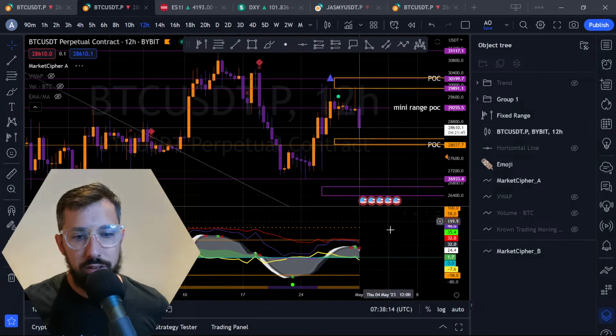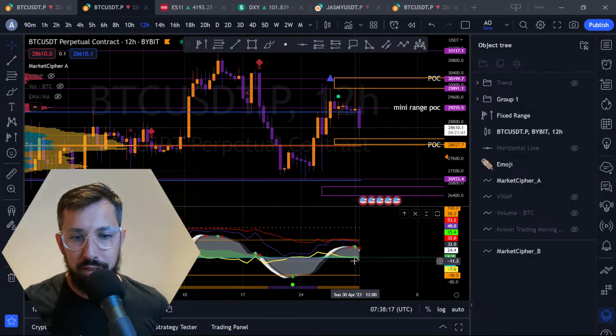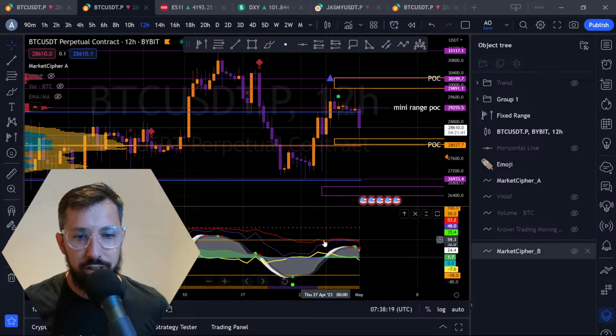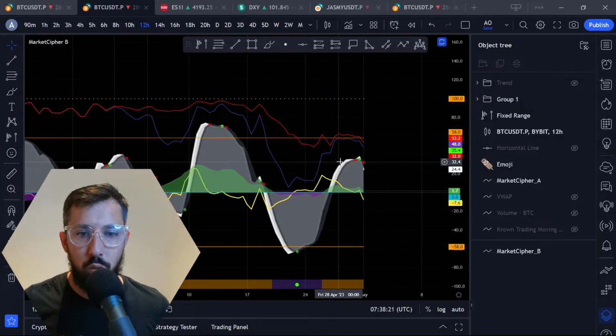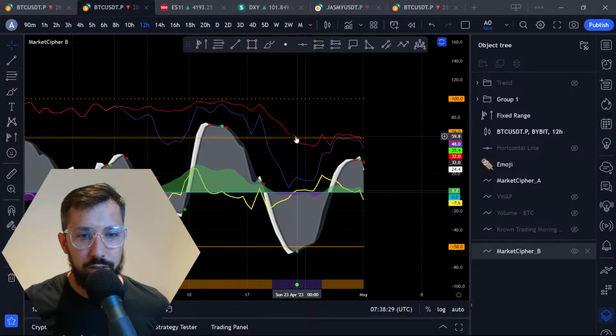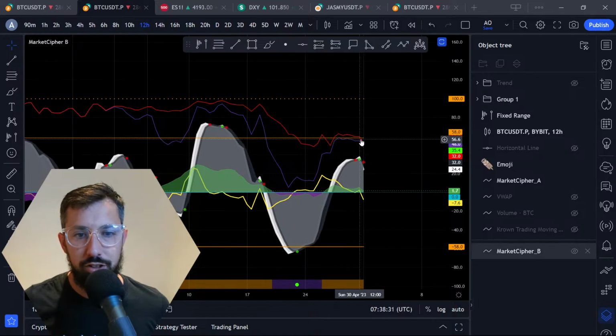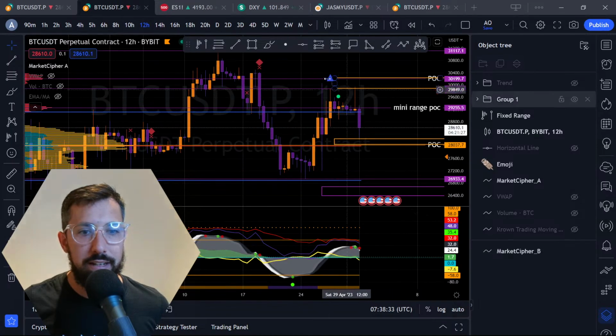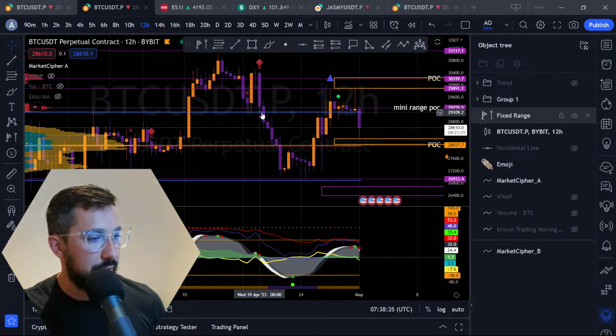What does the 12 hour say? It's trying to print, money flow is still trying to trail here. Stochastics is curling down quite aggressively. So this is very sharp, right? When it's subtle, like this one here, or like this one here, okay, but this one is very sharp. It's very steep to the downside, so be very careful.